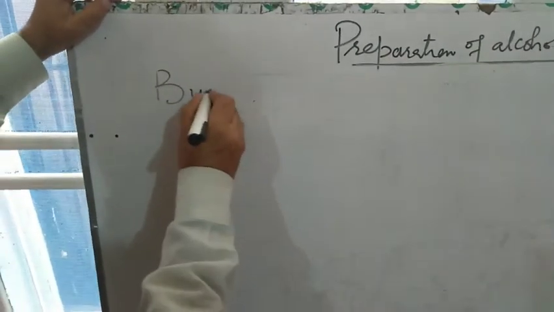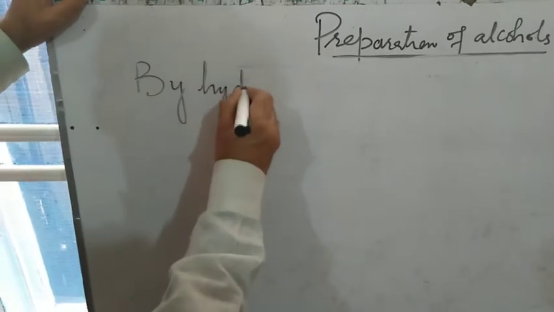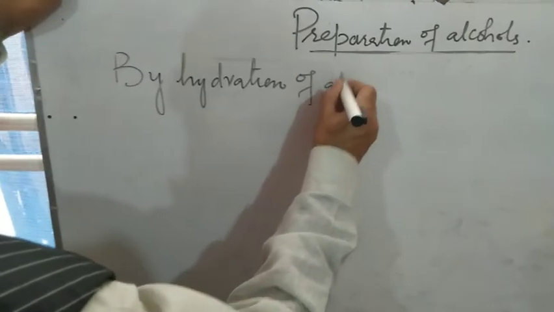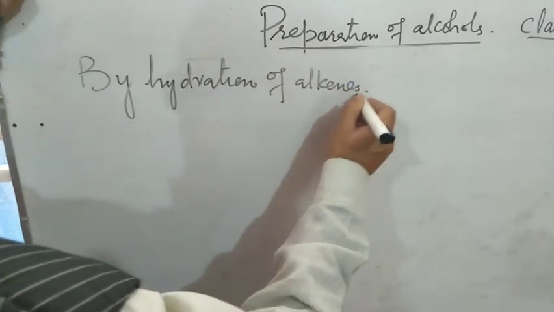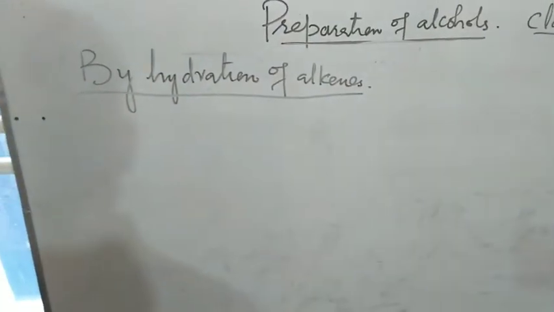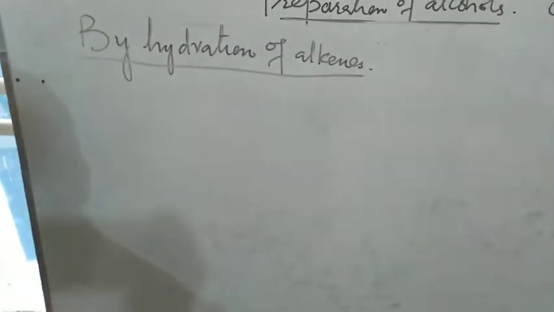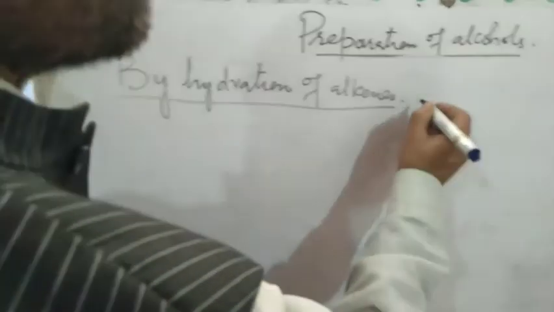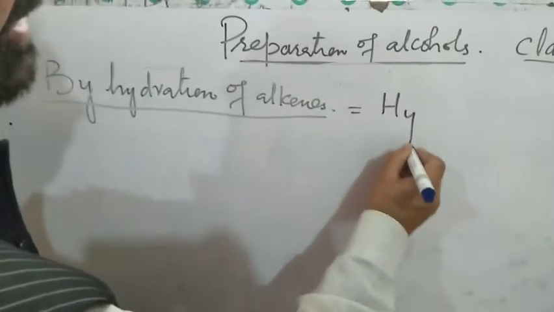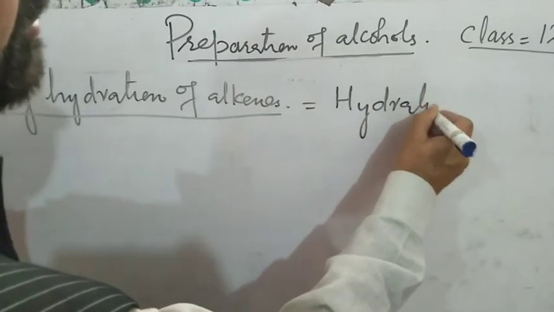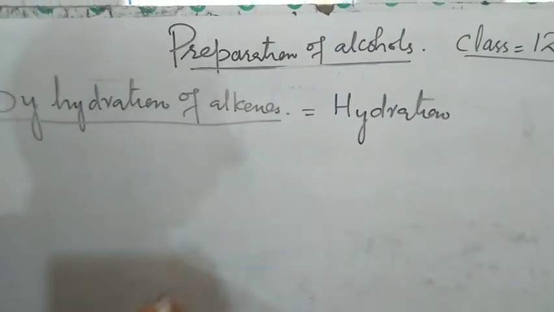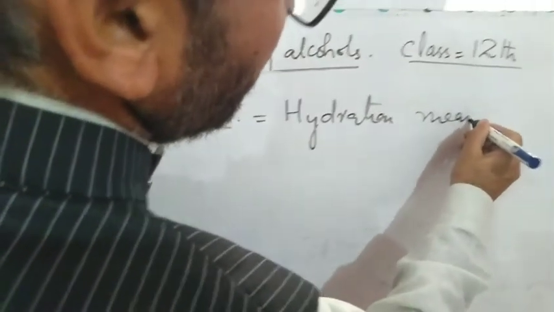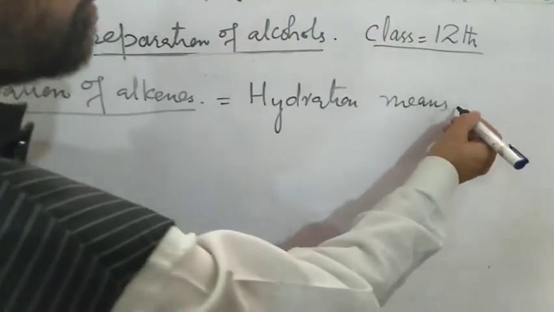By hydration of alkenes. हाइड्रेशन का मतलब क्या होता है? हाइड्रेशन का मतलब है addition of water molecule to alkene. Hydration means addition of water molecule.